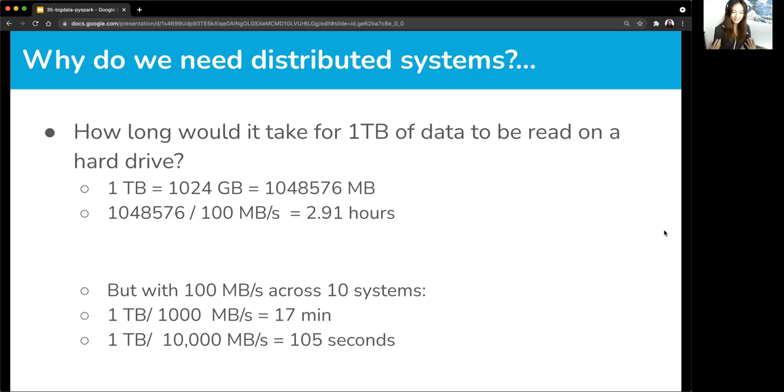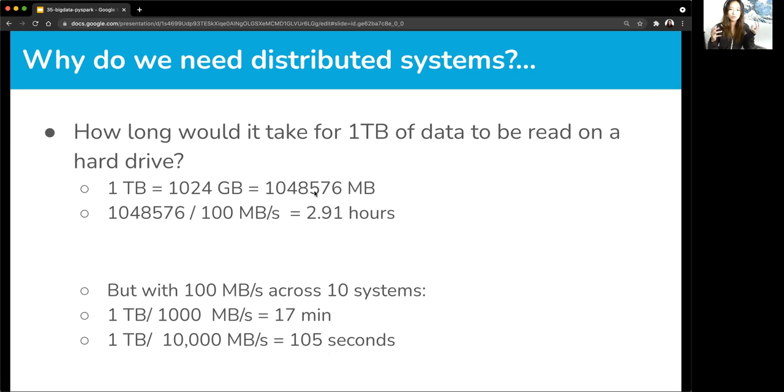Now, if you had 10 systems, you can read the data 10 times as fast, right? So at 1000 megabytes per second, that process will only take 17 minutes. If you have 100 systems, it'll only take 105 seconds. Of course, this is assuming a speed of 100 megabytes per second, but you can see how this scales.